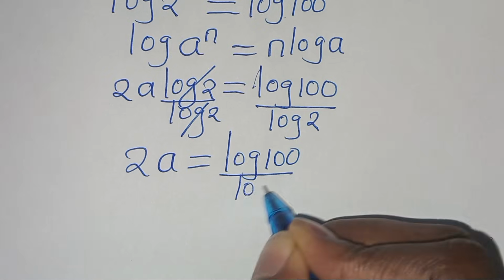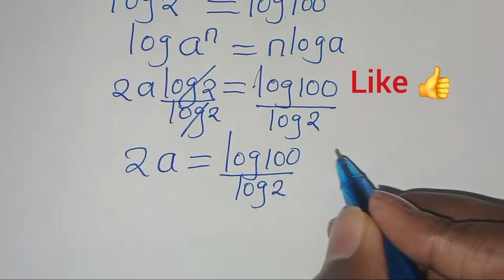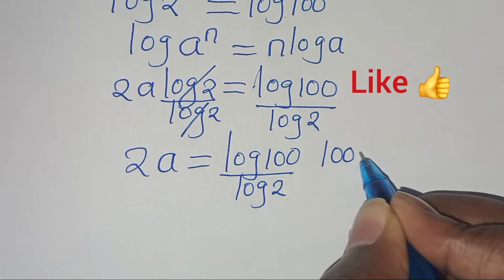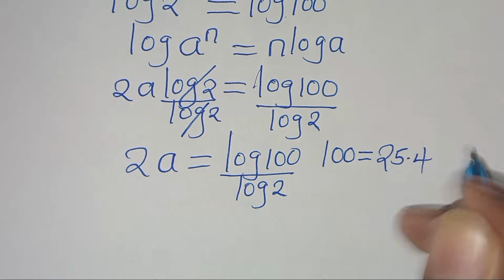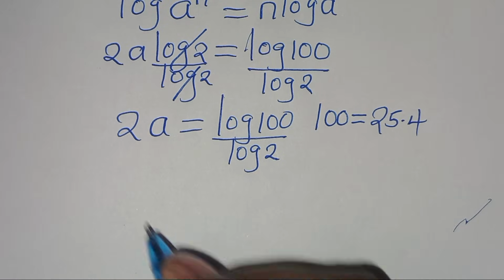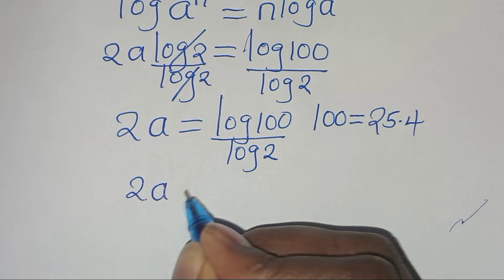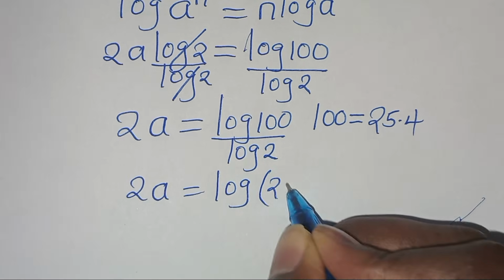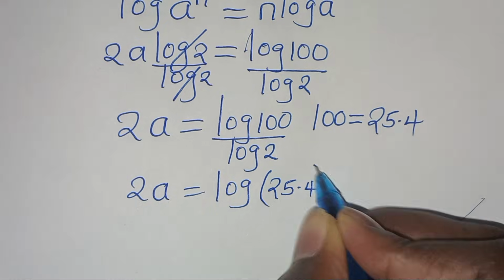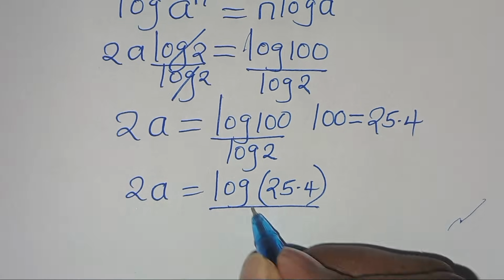We can express 100 as 25 multiplied by 4. So here we have 2a is equal to log of 25 multiplied by 4, divided by log 2.